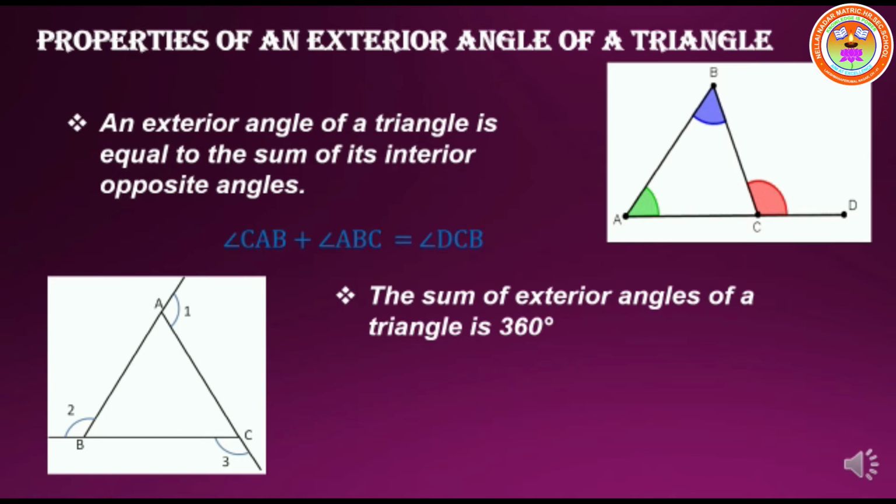Angle 1, angle 2 and angle 3 are formed respectively at A, B and C. So the second property states that the sum of the exterior angles of a triangle is 360 degrees. That can be written as angle 1 plus angle 2 plus angle 3. When I add all the three, that will be equal to 360 degrees.